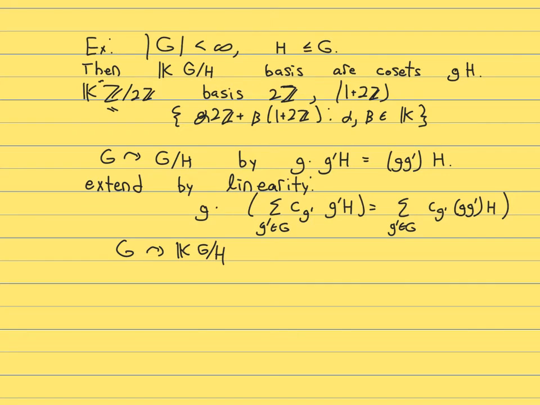In fact, you can do this in general. If G acts on a set X, you can create a vector space with basis X. And then G acts on this new vector space. In fact, this vector space is a G module.